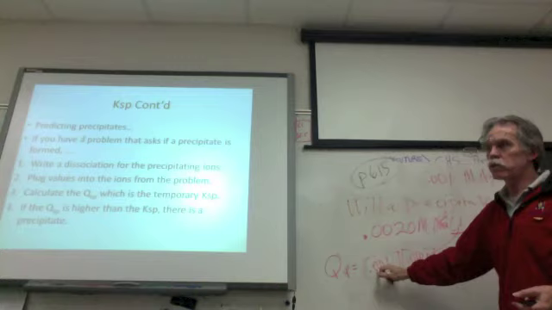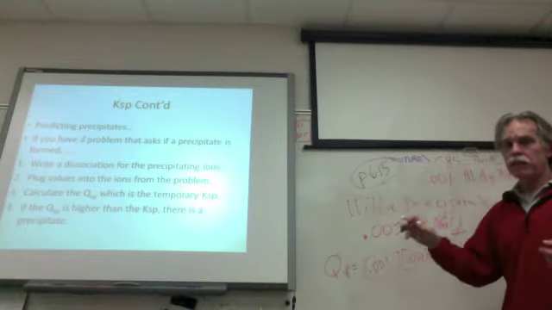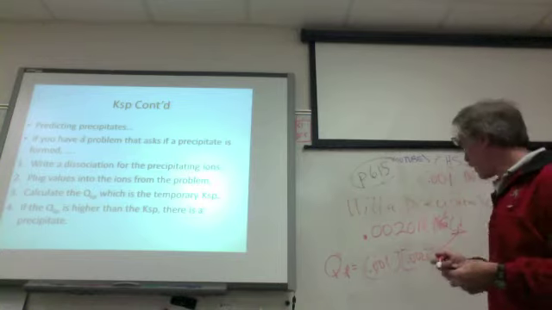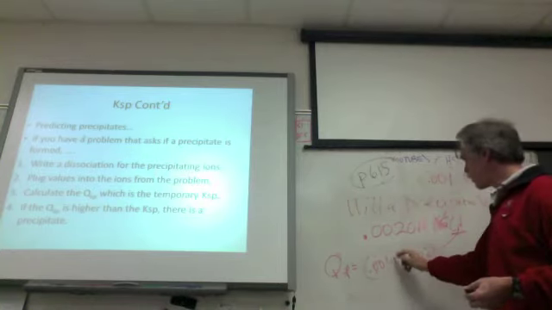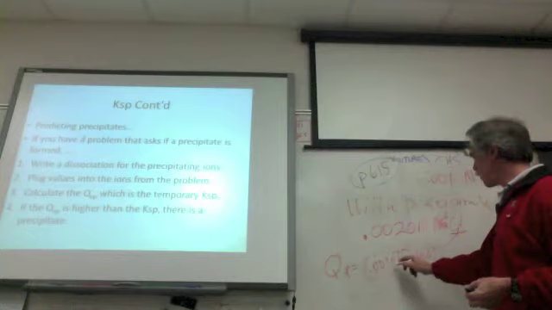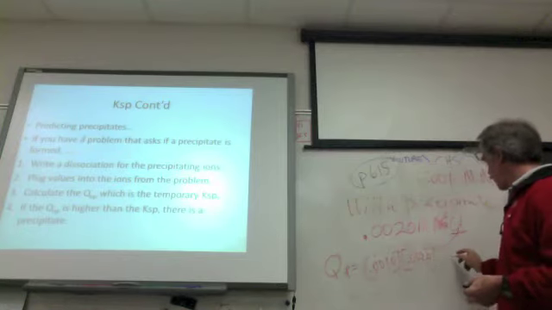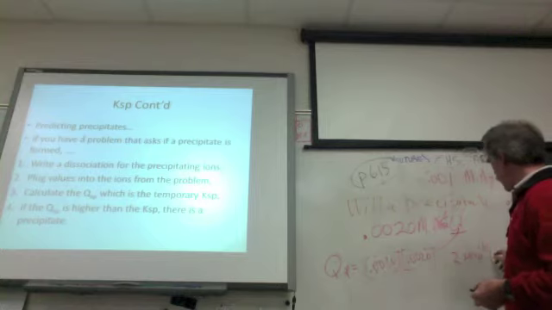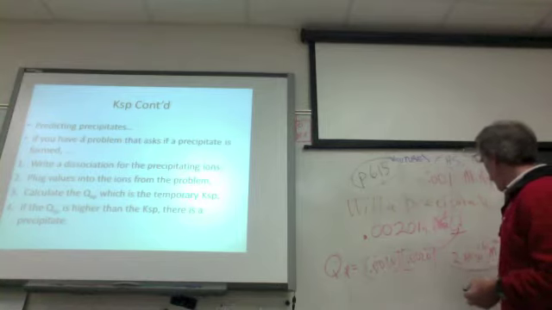Then we're pretty much done. We multiply these two, and we get this QSP. And then that value you get, which is 1 times 2, let's see, we got 1, 2, 3, 4, 5, 6. So it's like 2.0 times 10 to the negative 6 molarity squared.